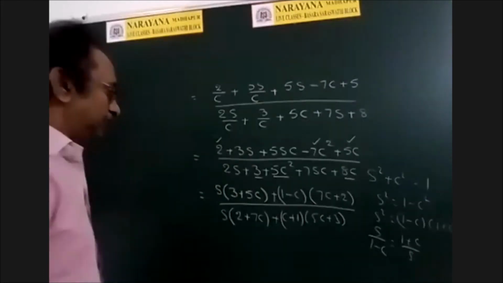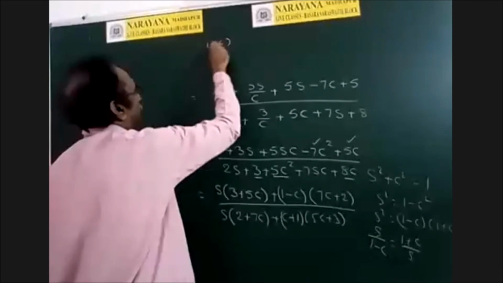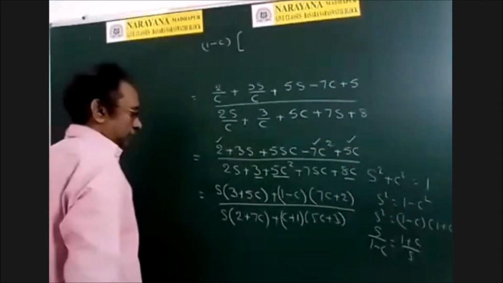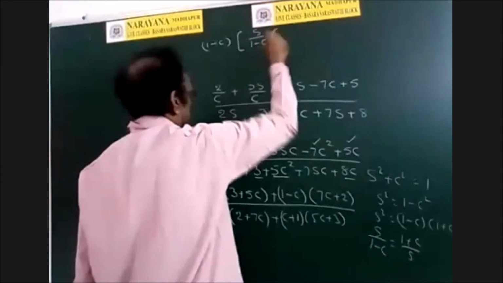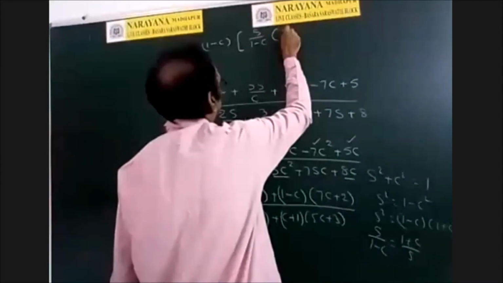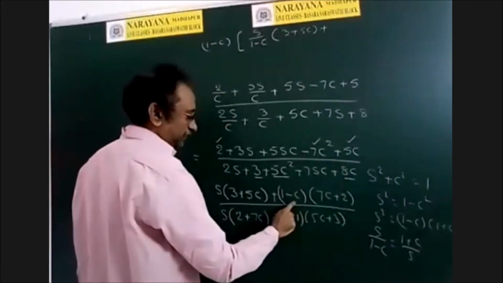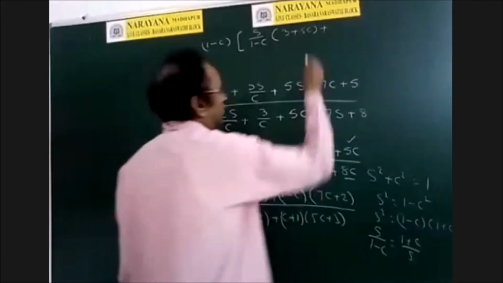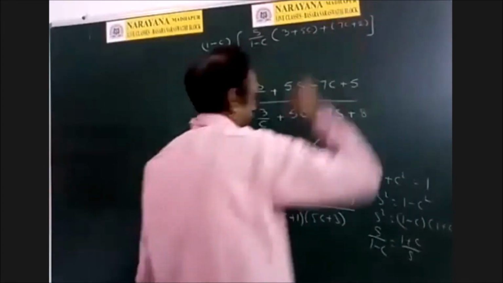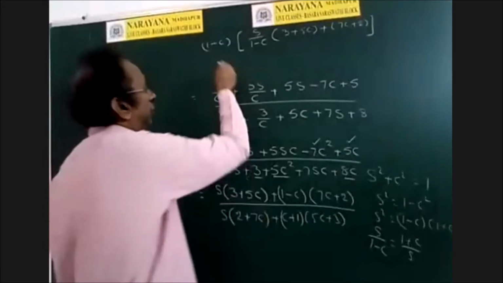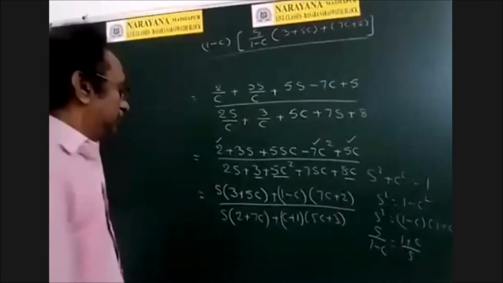And therefore, now take 1 minus c common in the numerator. So you will get s by 1 minus c into 3 plus 5c plus, so already 1 minus c is taken away, you get 7c plus 2, whole by, now in this, take s common.